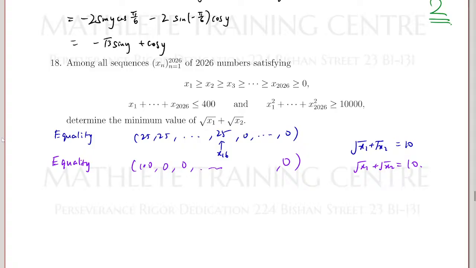So there are two separate equality cases. How do you work with a question with two separate equality cases? It's usually quite challenging. But here's the idea behind this question. You want something that can be used for both cases at the same time.